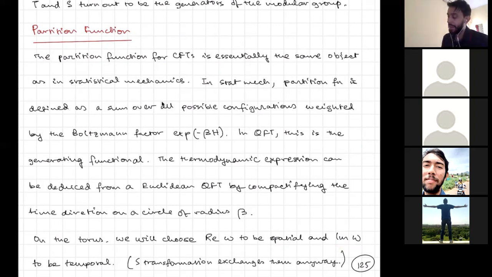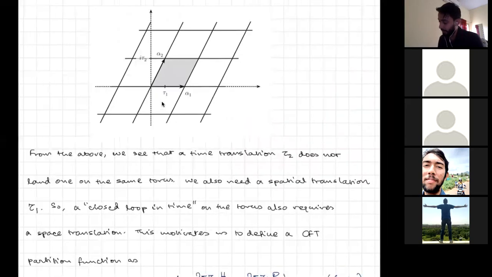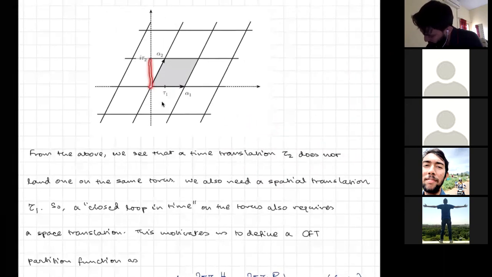And now what do we have to do? You have to do something where you have identified the time direction. So you want some closed loop, right? Let's try and understand this. You want to go from this point to this point, you want to close the loop, if you wish.